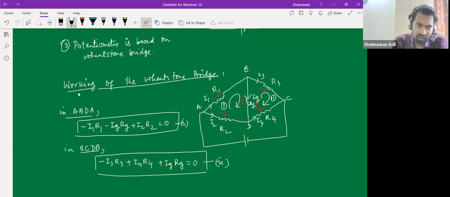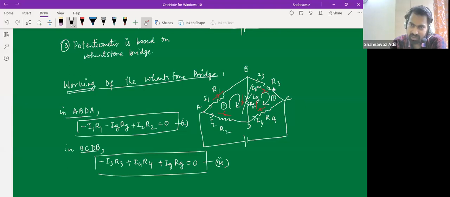And the working of the Wheatstone bridge says that we set the galvanometer so that the current in this loop becomes zero, right? So in this case, Ig becomes zero.